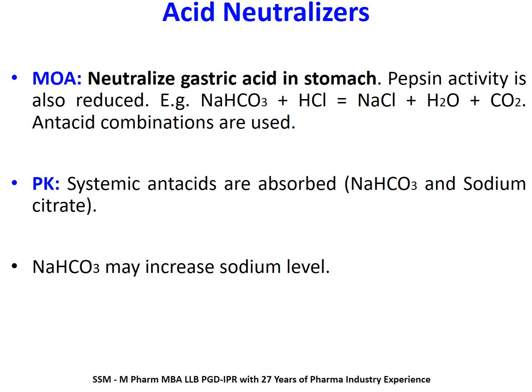There are antacids which are systemically absorbed. Also, they are called systemic antacids like sodium bicarbonate and sodium citrate. Others are local, they are not absorbed from the GI tract. They neutralize the acid locally in the stomach. Sodium bicarbonate may increase the sodium level. This precaution has to be taken in hypertensive patients.